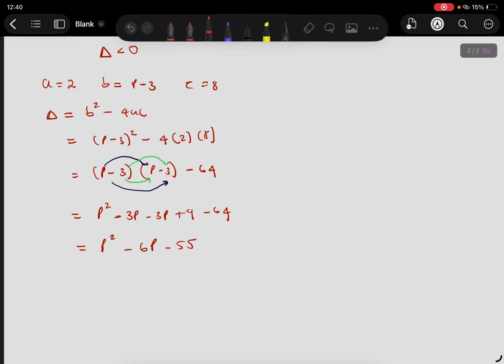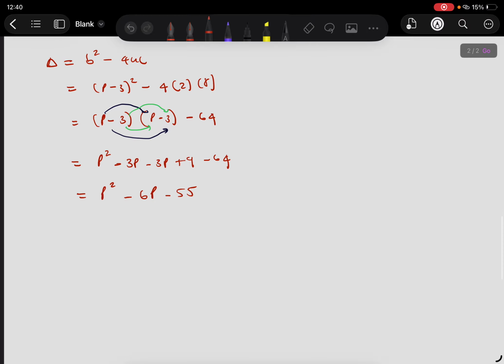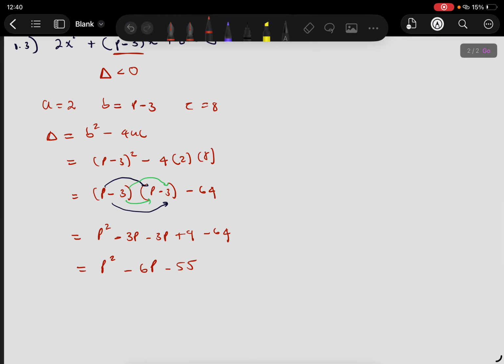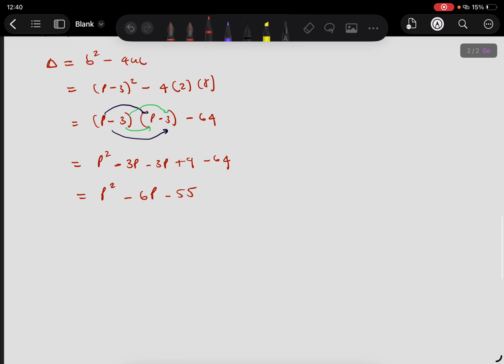Our discriminant is p squared minus 6p minus 55. Now we said we want the values of p for which the roots will be non-real. In other words, the discriminant less than 0. The discriminant being what? p squared minus 6p minus 55 is less than 0. That is what we are solving for.